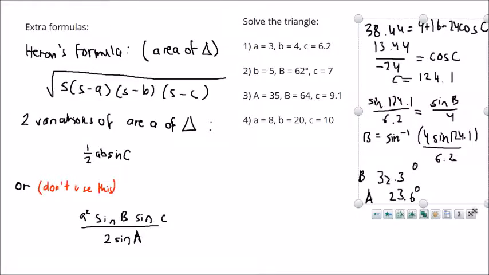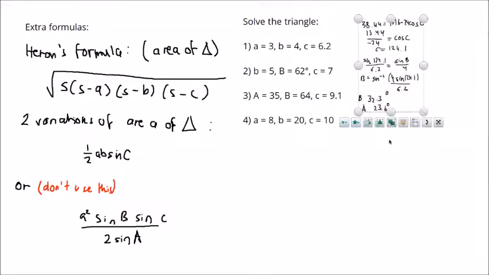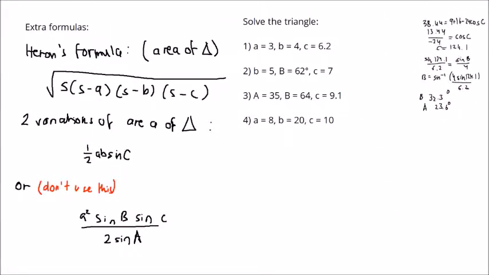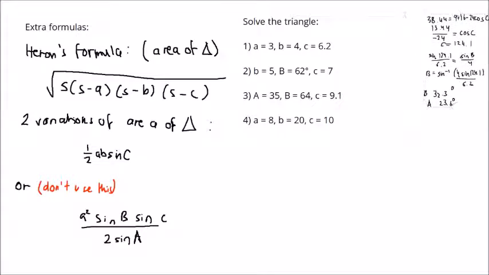Second triangle, we have 2 sides and 1 angle. I'm going to make this really small. That's 1. So our 2 is, we'll set it up like how I set it up. So we have 7 right here, and then we have 5 right here, and then we have 62 right here.